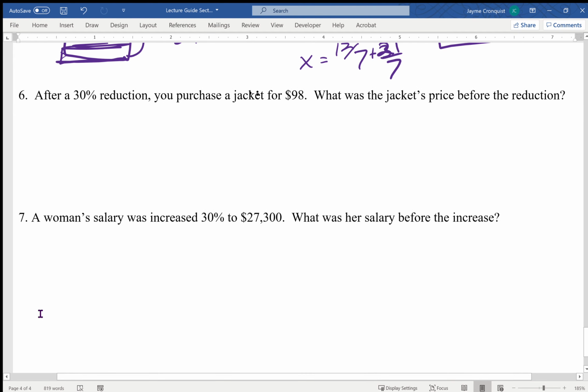After a 30% reduction, you purchased a jacket for $98. What was the jacket's price before the reduction? So that's my x.